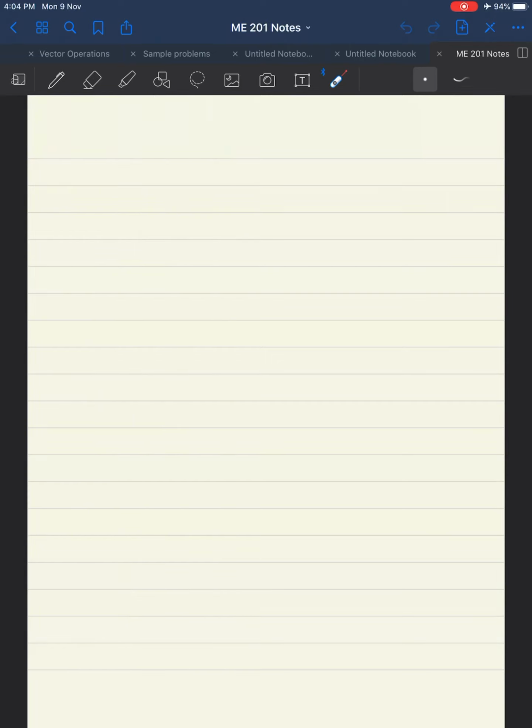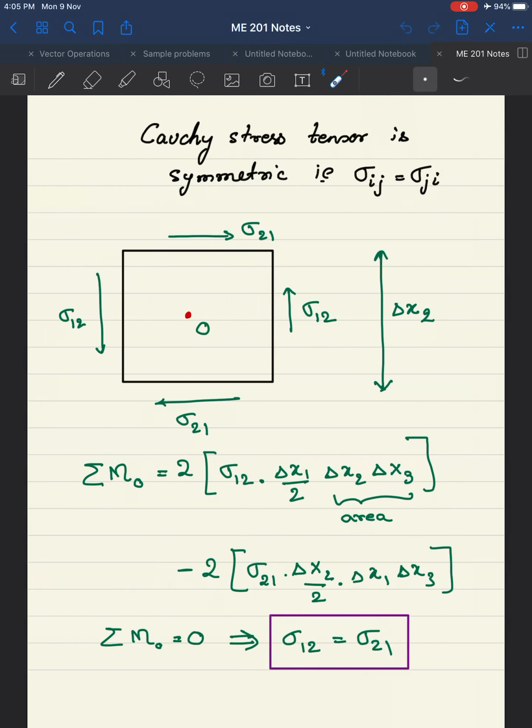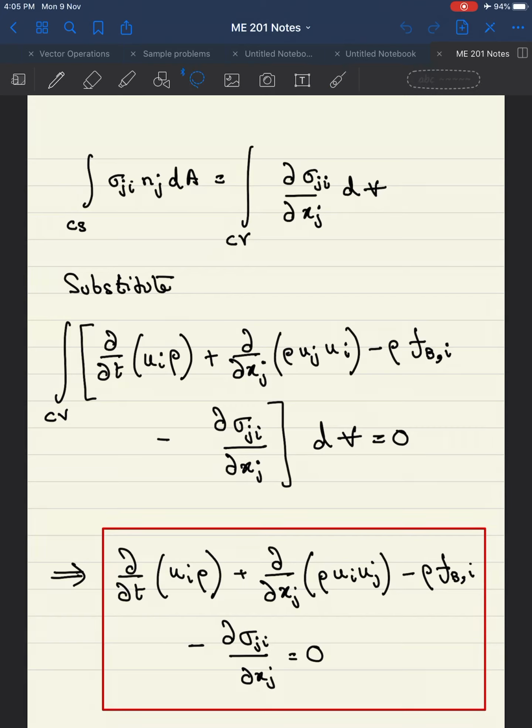We are going to get to the Navier-Stokes equation today, but before we do that, we want to make one important simplification. So I'll just go back and take this equation right here.